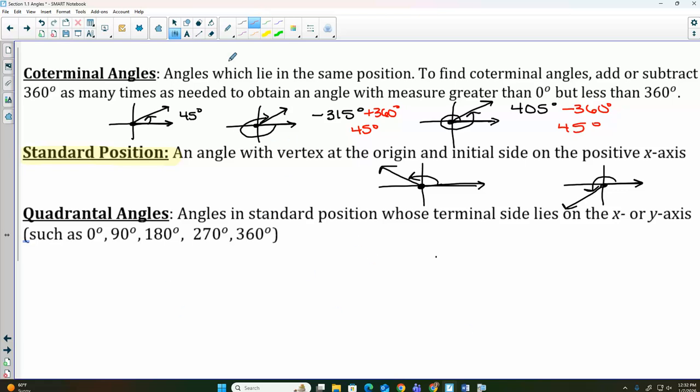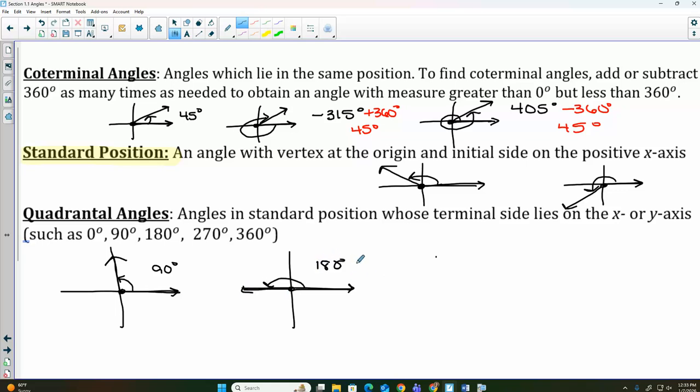Quadrantal angles are just anything where the terminal side ends on an axis. So if we're talking about standard position, this would be a quadrantal angle. What would that angle be? It's a right angle, 90 degrees. Or I could have this angle, which is a straight line, or 180 degrees.